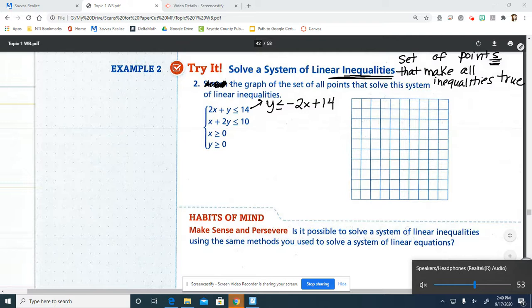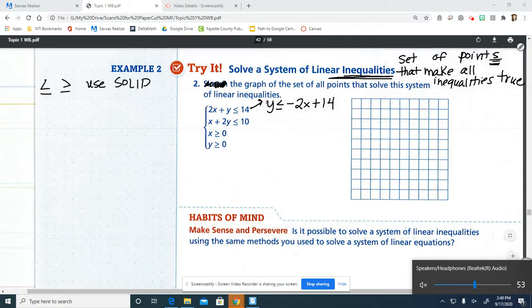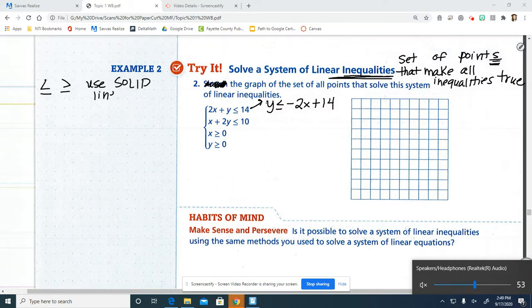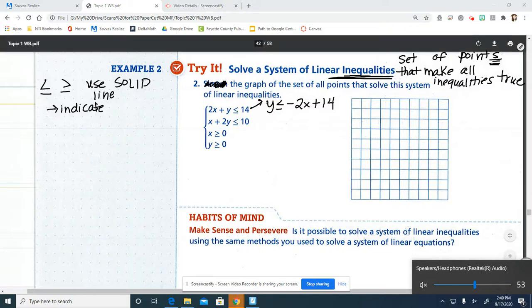Whenever you're solving a system of linear inequalities, it does involve a graph. And whenever you see a less than or equal to or greater than or equal to, you want to use a solid line, because a solid line indicates that you want to include the points on that line.